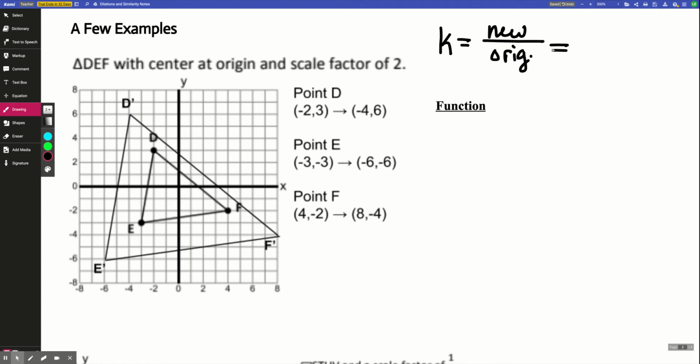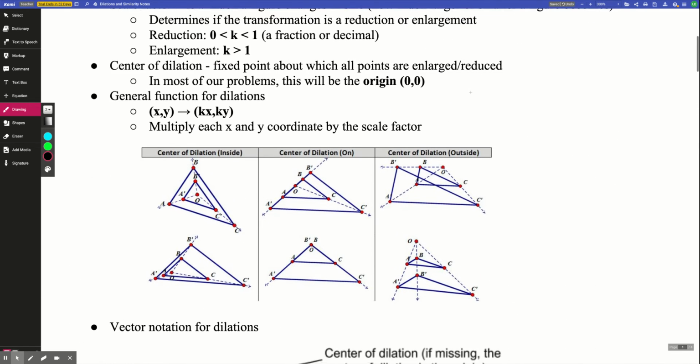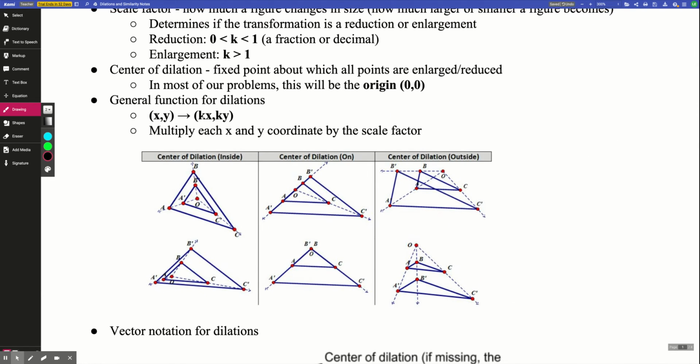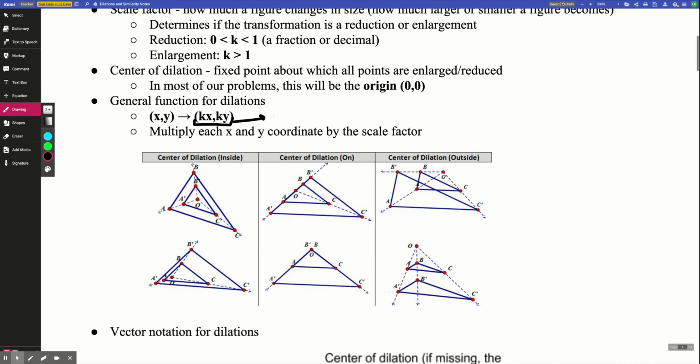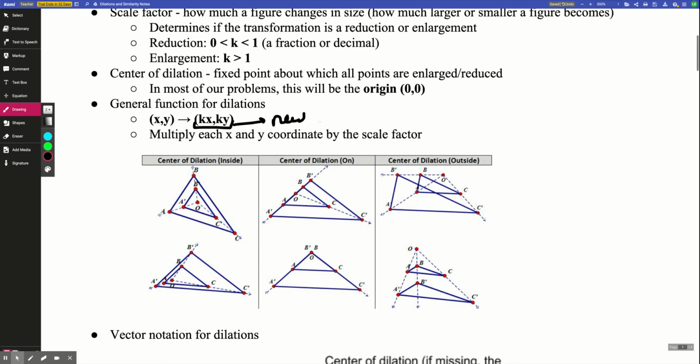Because the way that we wrote these functions, remember, is that the new point was k, the scale factor, times the old point. That's what we saw in the function notation right here, because this right here is the new point. So the new x equals k times the old x.